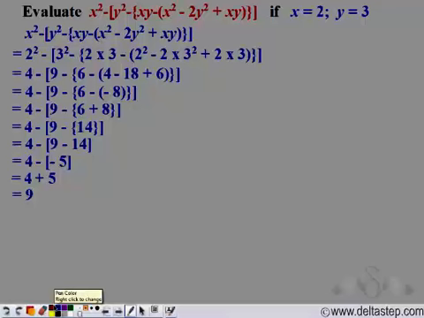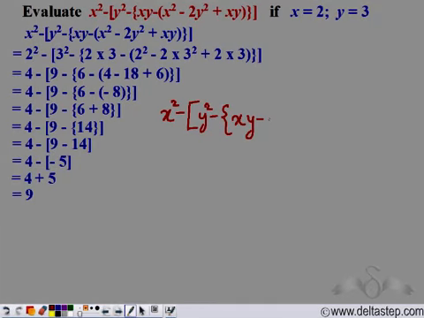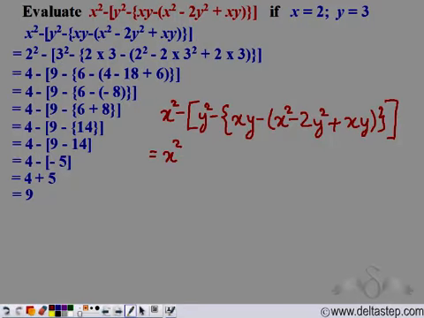So we have x square minus y square minus xy minus x square minus 2y square plus xy. We get x square minus y square minus xy.